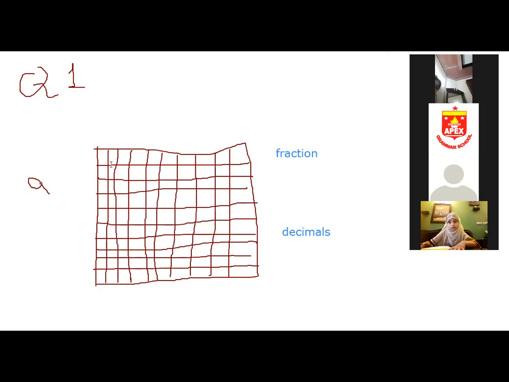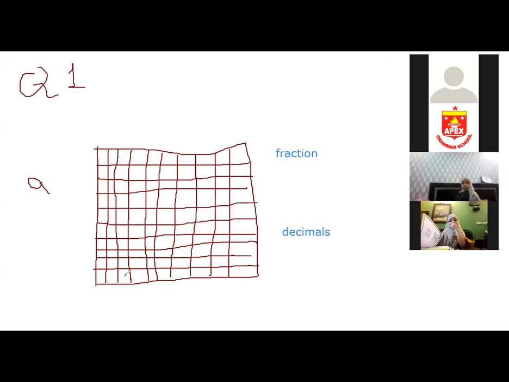They are asking us to count the boxes and write it into fraction and into decimal. You can see on your notes that there is a box and it contains 100 small boxes, and you can see the colored shaded area is 8 boxes. 1, 2, 3, 4, 5, 6, 7, and 8.